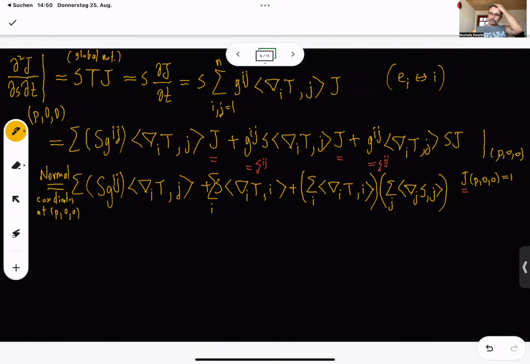Okay, so we have a little bit more work to simplify this thing. Actually, we made almost the hard piece handled.